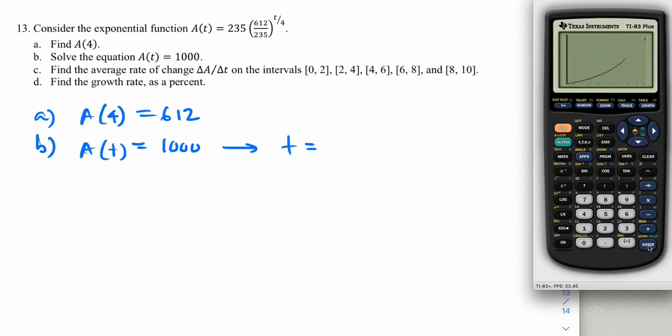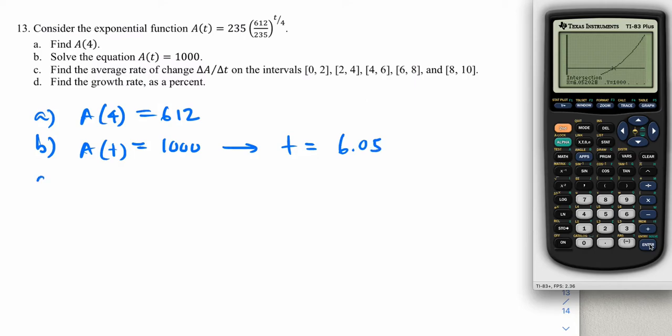There's the model increasing at an increasing rate, like all increasing exponential models do. And there's the intersection point. Calc, intersect, enter, enter, enter, and the intersection point is about 6.05. T equals 6.05.